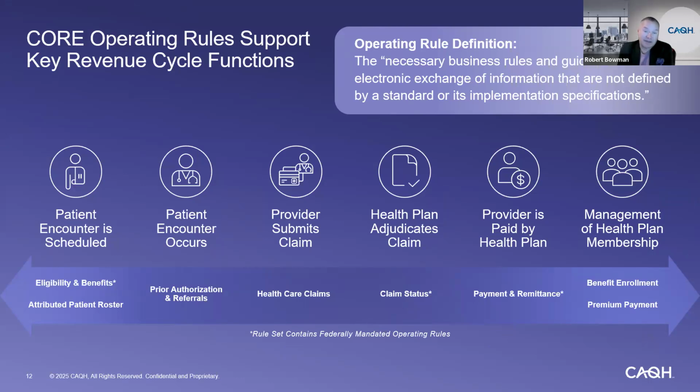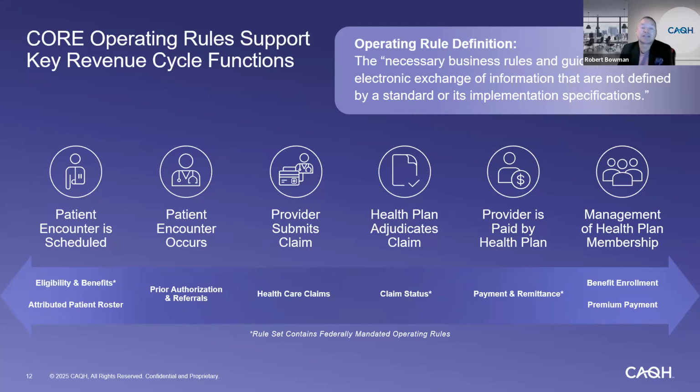Everywhere from the eligibility transaction all the way through to the payment of the claim. So if you are struggling with where to implement this solution or where to implement that technology or what trading partner to onboard next to help with this, the data exchange and the accuracy and the quality of the data are all important. There's probably an operating rule designed to help.